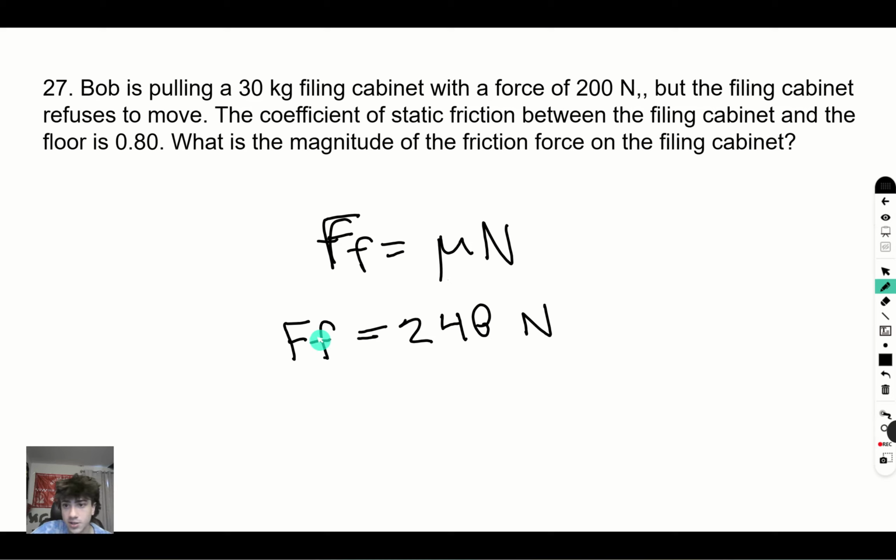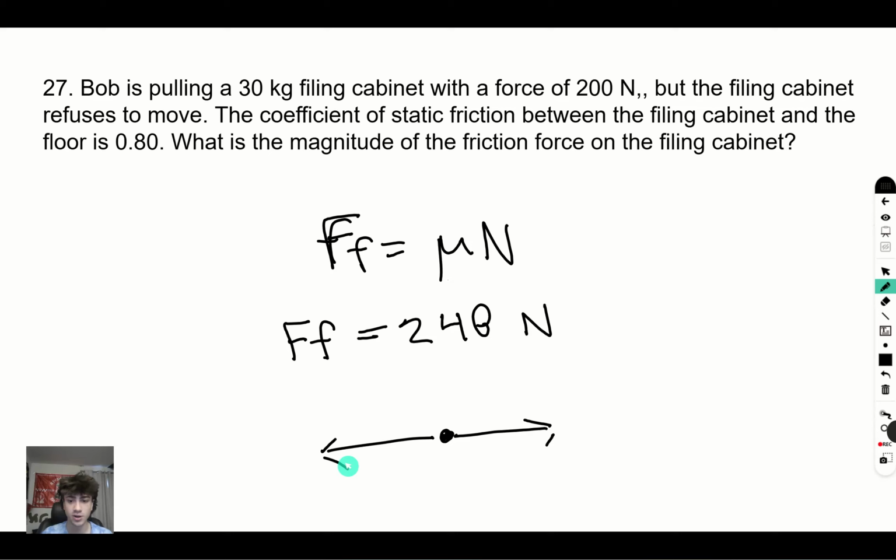However, since Bob is pulling the filing cabinet with a force of 200 newtons, so there's 200 newtons going this way, and we're saying the friction is going to be 240, that means that the friction is actually going to be pulling it in the opposite direction. But as we know, and this is an inference we can make from assessing real life situations, friction does not cause objects to move in the opposite direction from which you're pulling them.